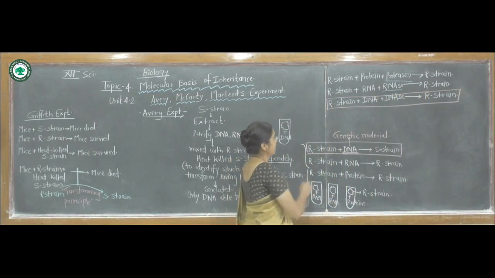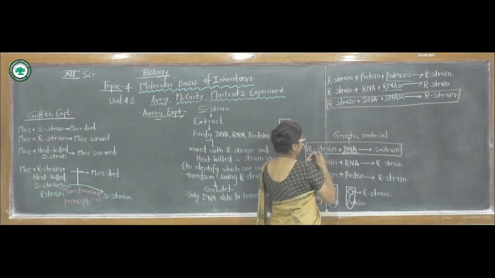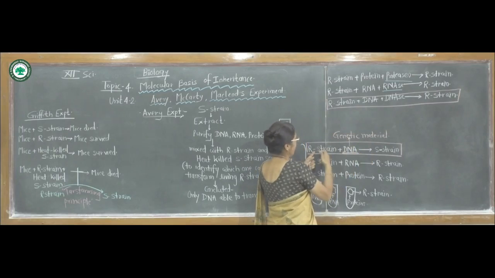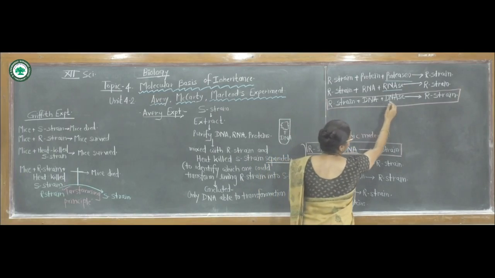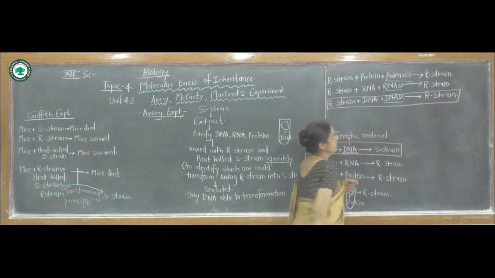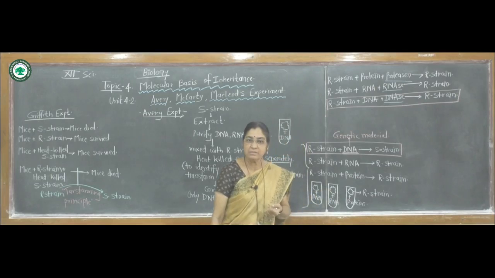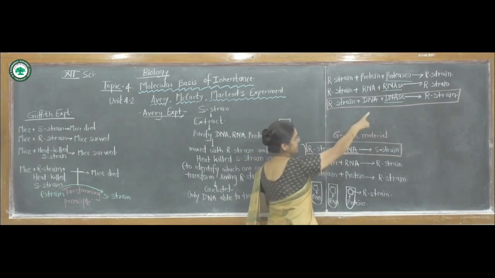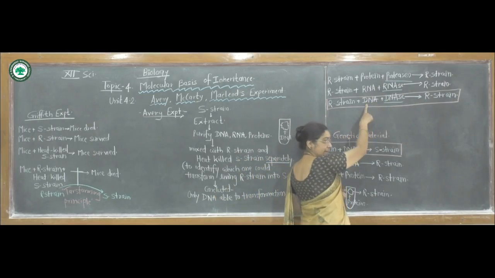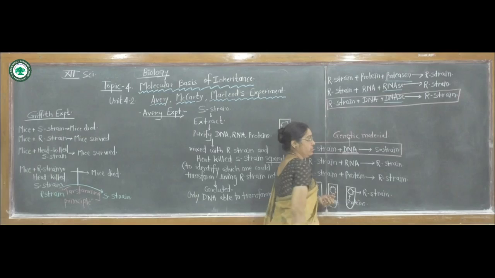Similarly, Avery also added, in this step, the R strain bacteria in which the DNA gets added, and the enzyme DNase is added at the same time. The role of the DNase is the enzyme which lyses the DNA molecule.